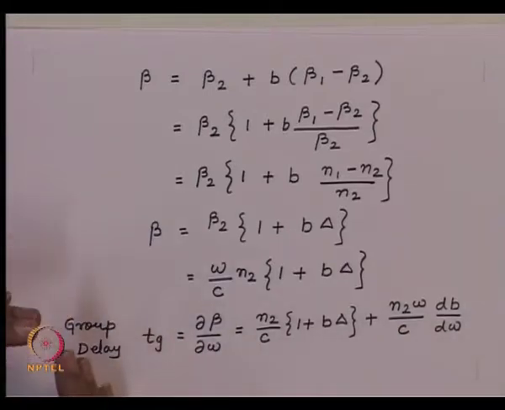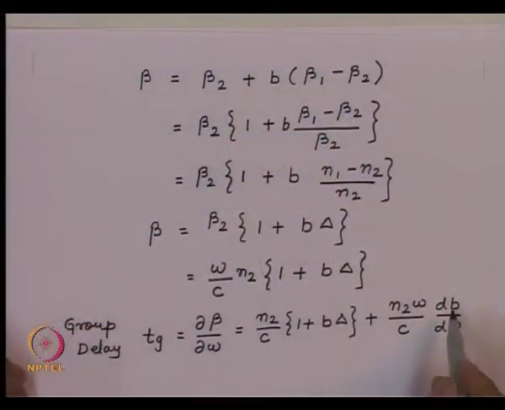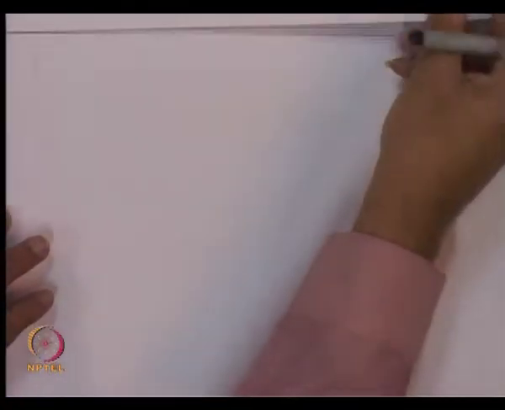We want to finally derive the expression in terms of the BV diagram. So what we want to do is change this derivative dB by d omega into the derivative with respect to the V number. Because once you have a BV diagram, we can find out the slope or the curvature of the BV diagram. So essentially we can find out the derivatives of B with respect to the frequency omega. So we can write this expression a little differently.